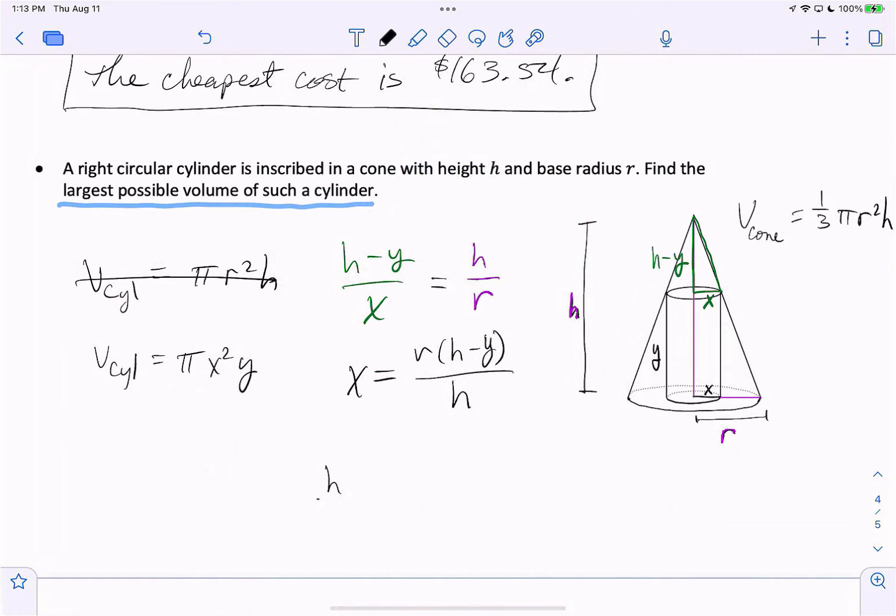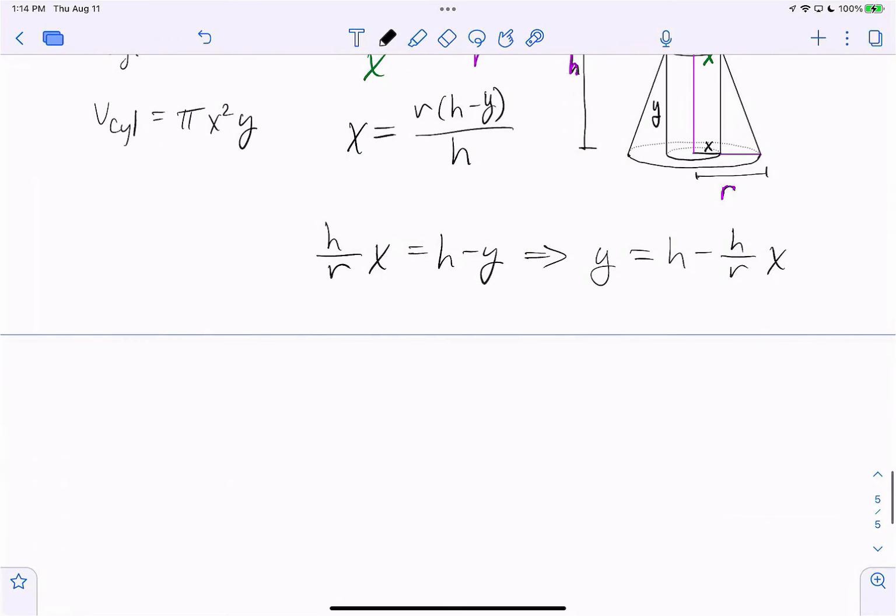That's going to give me h over r times x is equal to h minus y, which would mean that y is equal to h over r times x minus h. No, switch those around. y is h minus h over r times x. I think I like that better. Okay, so I'm going to use that expression for y. We're going to replace y.